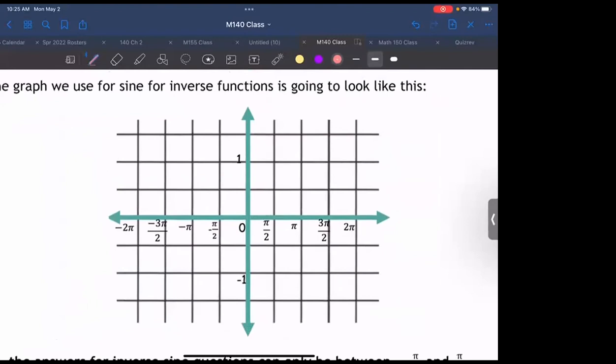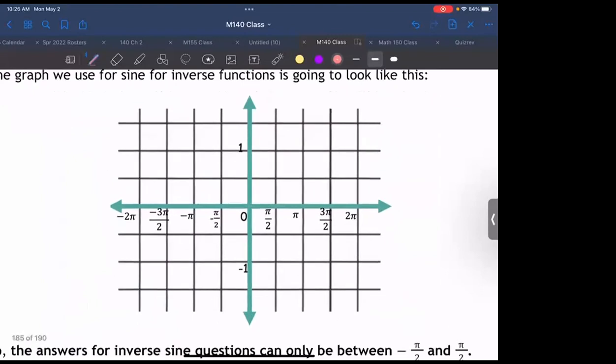So when we're talking about sine inverse, the only part of sine that we're going to focus on is between negative pi over 2 and pi over 2, and our graph is literally going to look like this, okay? This is the graph of sine that we will focus on for inverse functions. That's it. This graph passes the horizontal line test.